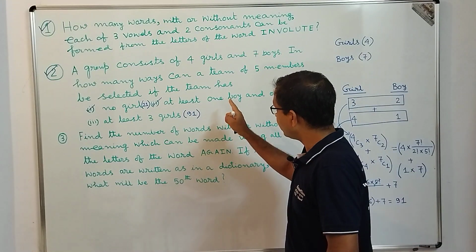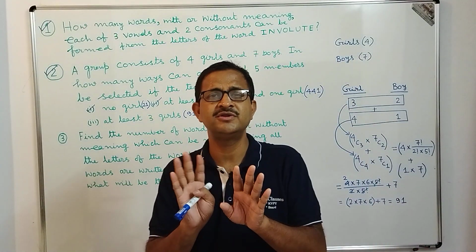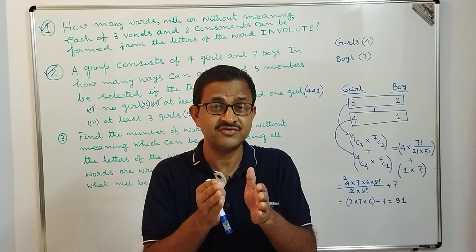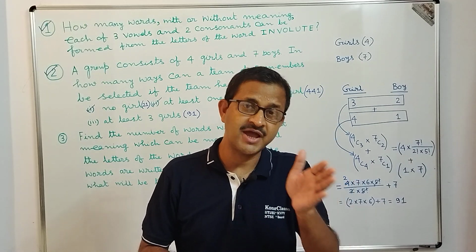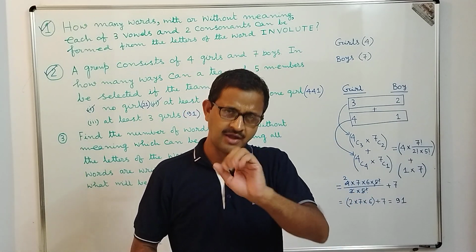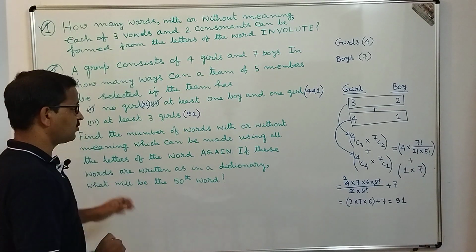But when it is forming a team, once the selection is done, no arrangement is required, because we are forming a team. That is the fundamental difference between a permutation and a combination, right? That is arrangement and selection. I hope you understood.